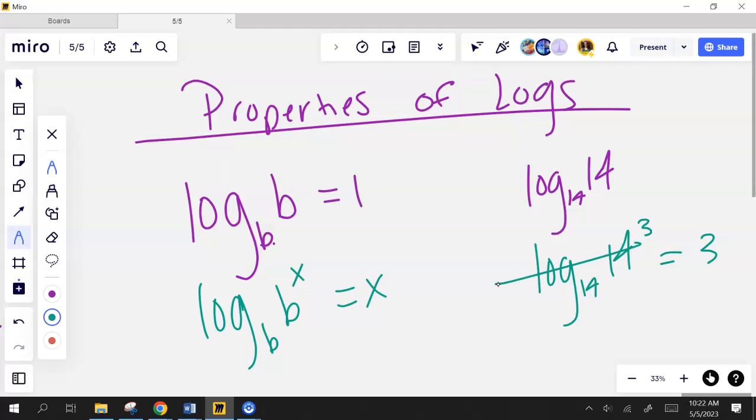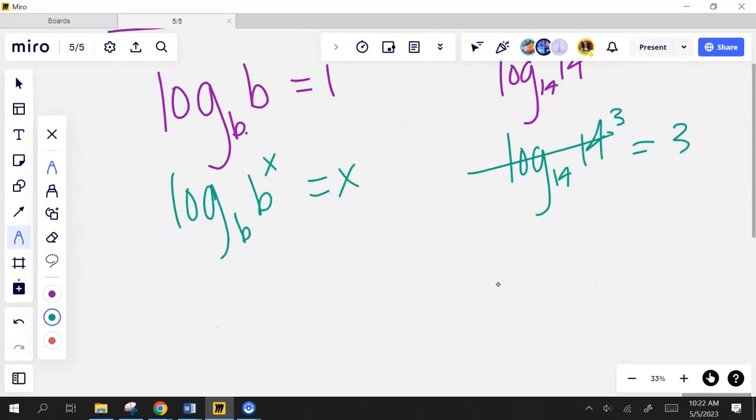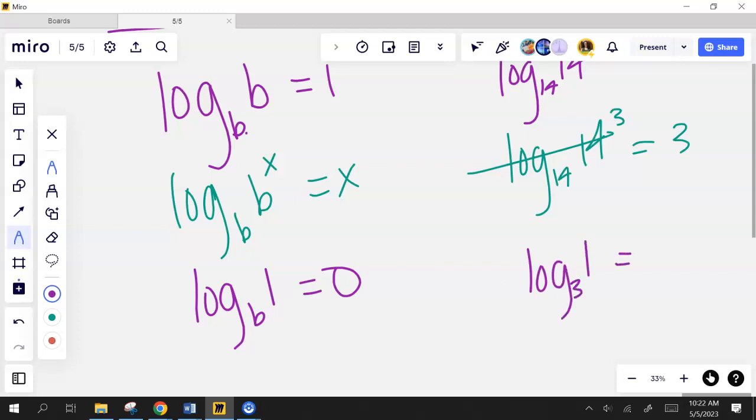And then the second basic rule says the log base b of 1, what does that always equal? 0. That is because anything to the 0 power is always 1, as long as it's not 0 itself. So log base 3 of 1 would of course be 0.